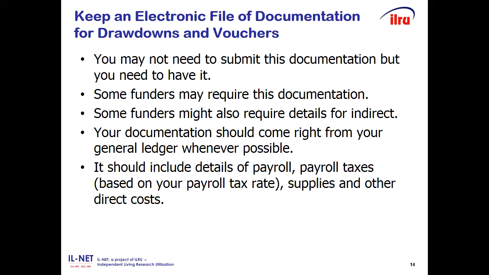Keep everything that goes into your calculation, and keep files or folders for each drawdown. If you're required to provide additional details for your indirect right at the time, well, if you have a general ledger grouping for indirect like we were talking about earlier, you will be able to voucher for a portion of each of your indirect costs.